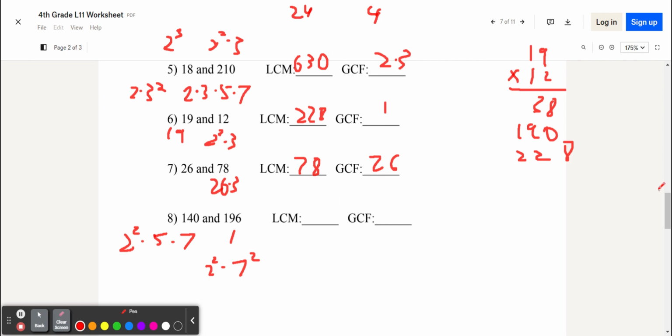Yes, it is 2 squared times 7 squared. So their LCM will be 2 squared times 5 times 7 squared, which is 5 times 196, which would be 980. And then the GCF would be what they share, which is 2 squared times 7, which will be 28.